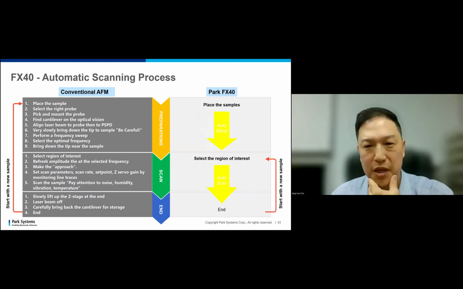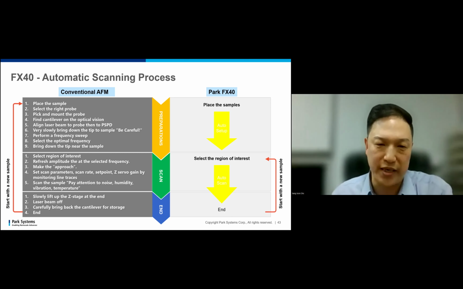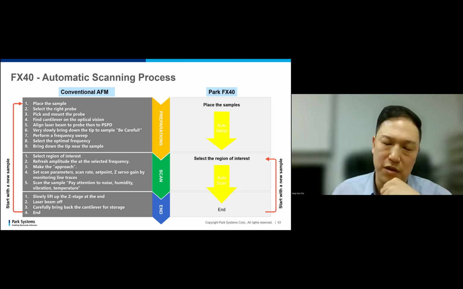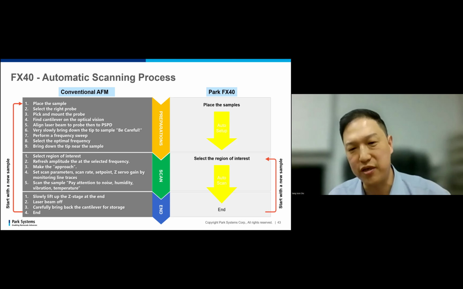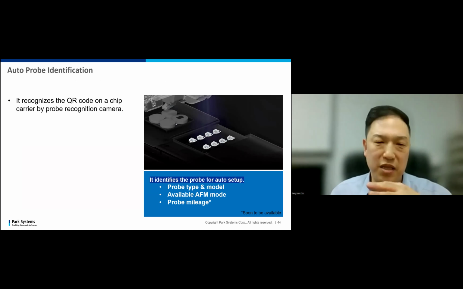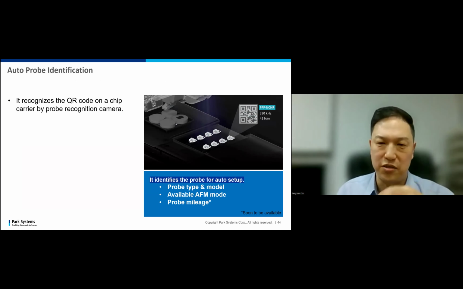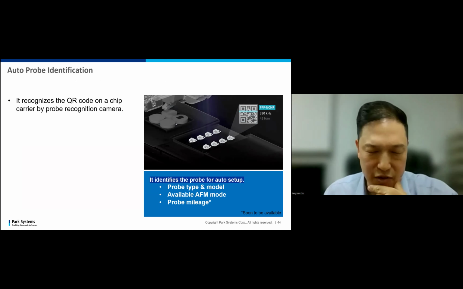But with the FX40, since we are pioneers in automation in industry, we applied that technology to a research-grade machine. So you click just 3 times, and you can get the AFM data. There are many automation features, but I will just introduce a few.